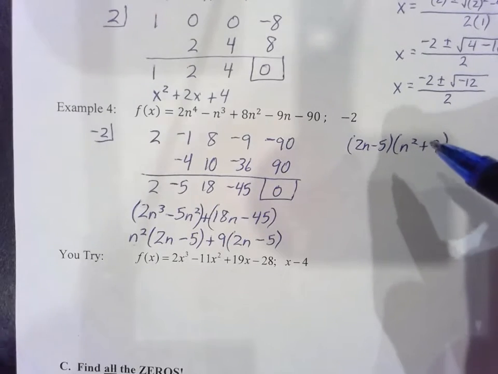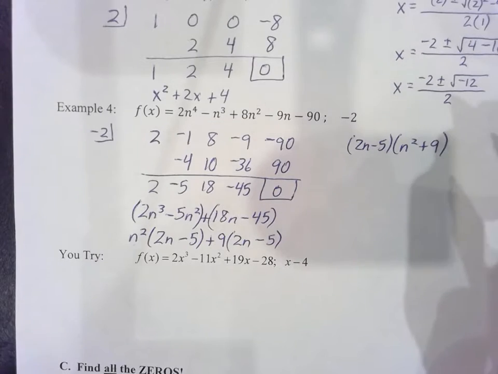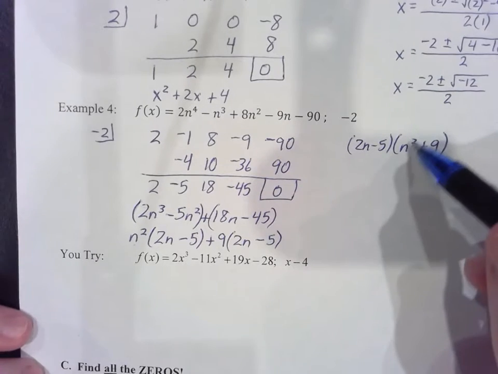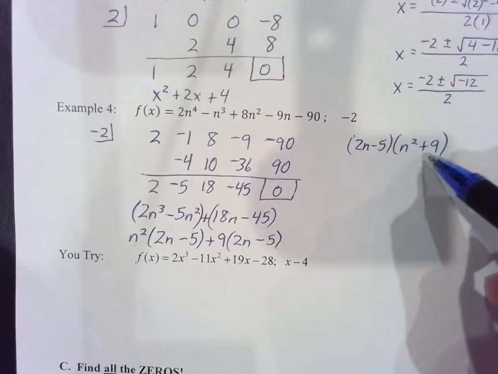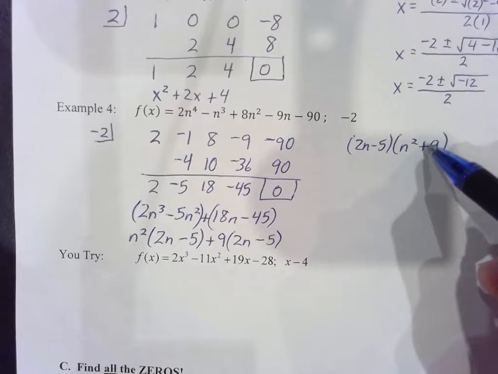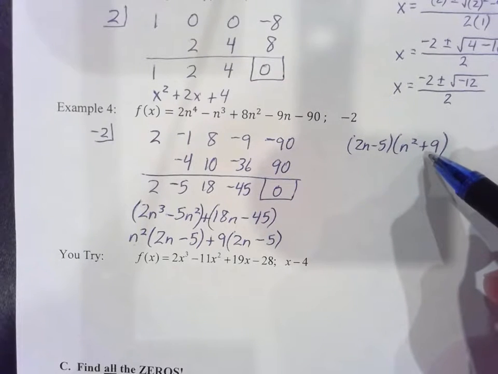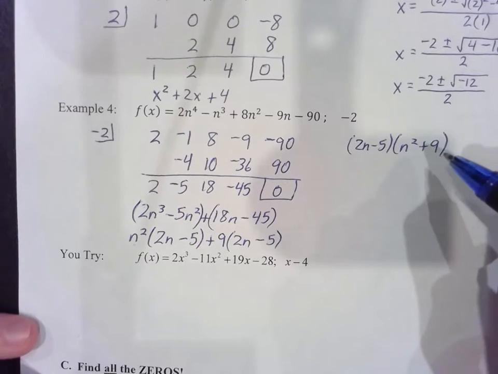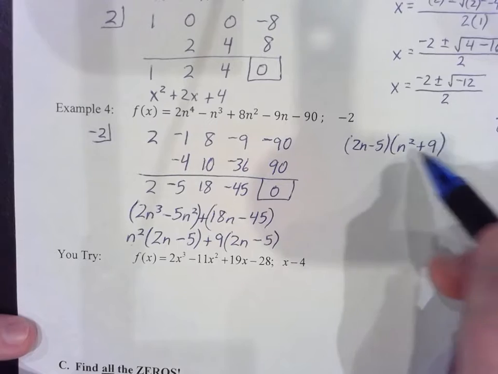Now, to find the zeros, I need to set each of these equal to 0. Well, first of all, I see that there's an exponent, n squared plus 9. Can I factor n squared plus 9? Well, with two terms, it has to be subtraction in between, so I can't factor that one. But let's try to solve that one just by using it as it is.